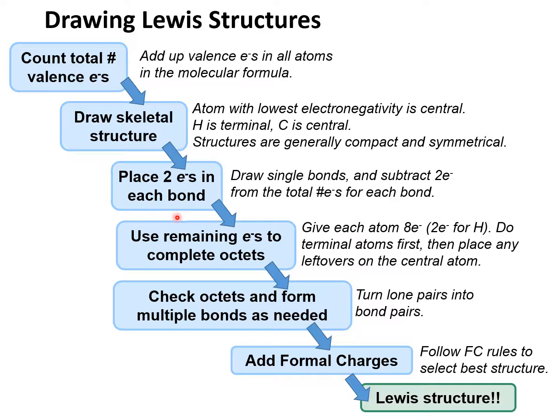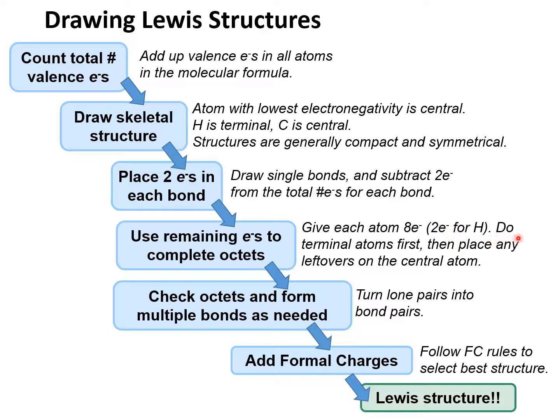Next step is to distribute our electrons, and in general we place 2 electrons in each chemical bond, and the remaining electrons we distribute as lone pairs. And we give each atom 8 electrons to form an octet. In the case of hydrogen, we give each hydrogen atom 2 electrons to form a duet.